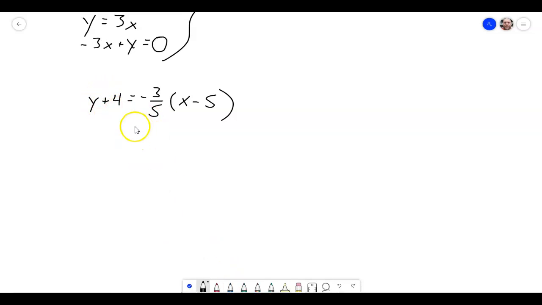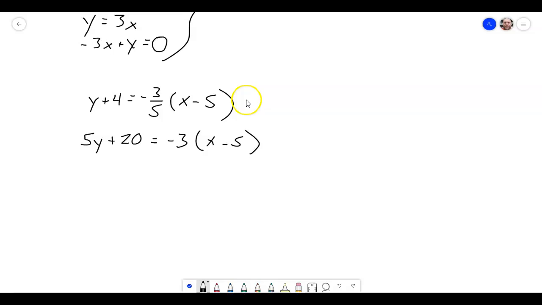So the first thing I would do is multiply both sides by 5, which is just the denominator of this. And it would be the LCD if we had more than one fraction, but here we only have one fraction. So multiplying through everything by 5, you're going to get 5y plus 20, because you have to distribute, is equal to -3 times x minus 5.